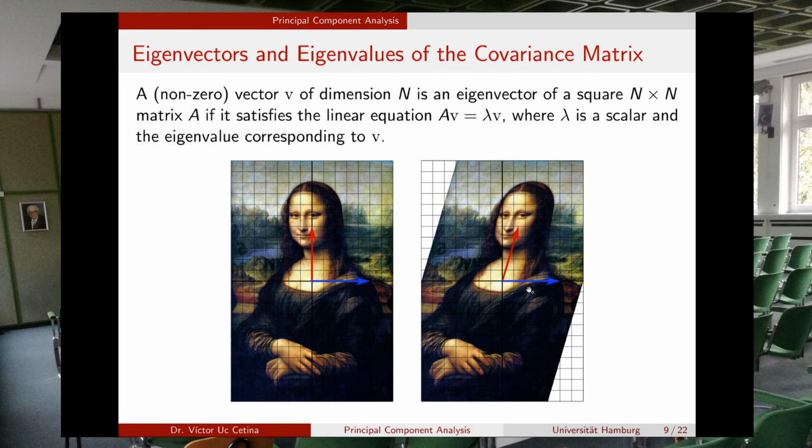So the blue vector was not changed by the transformation that we applied to the image. So in this case we will consider this blue vector to be an eigenvector of the transformation, since it didn't change. And the red arrow, since it was modified, is not considered to be an eigenvector.